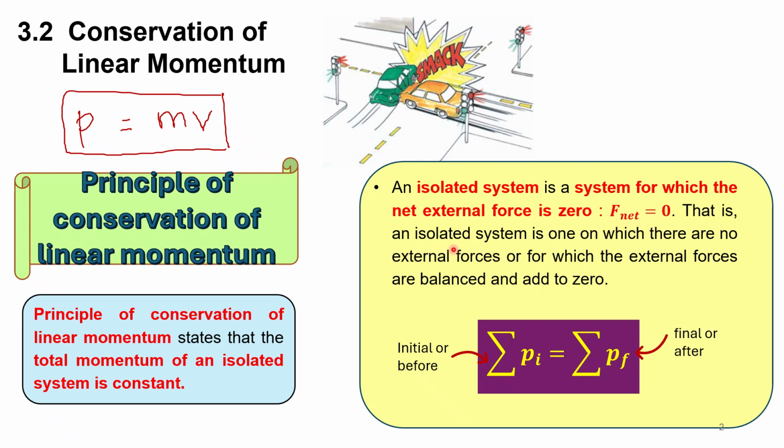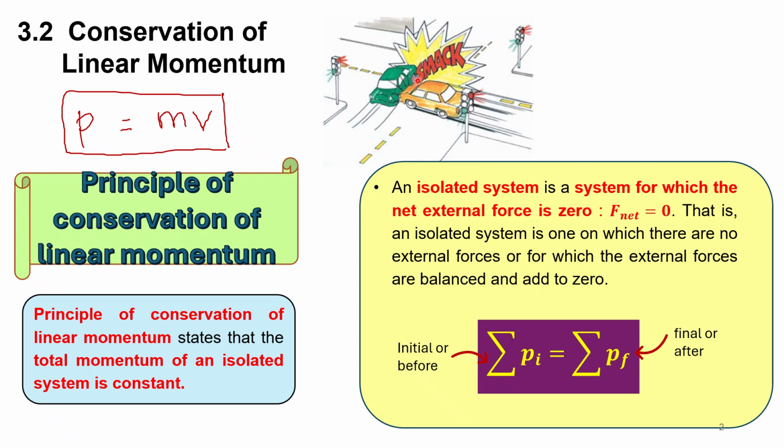What does it mean? What is the meaning of no external force? It does not mean that there's no force at all. It means that the external forces are balanced. Later we will learn about force in the next subtopic. When we say the external force is 0, it does not mean no force at all acts on these two cars.